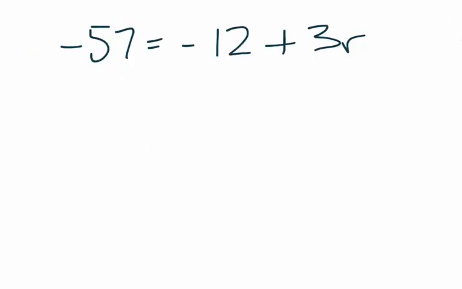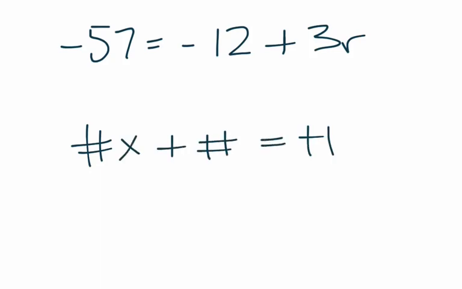Okay, in this problem, everything's kind of backwards. In general, kids do best when it's in this format, when it's a number and a variable, plus or minus a number, equals a number. And this is actually the exact opposite of that.